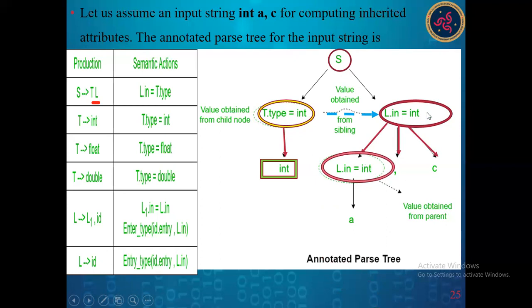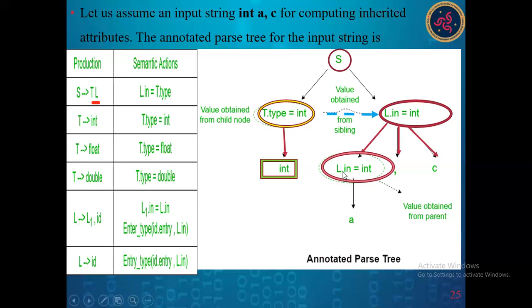We got this value from the parent node by using this semantic action. From here we come to know that this L1 is the left-hand side L and this L is the right-hand side. So this is the parent and this is the child. I hope it is clear.